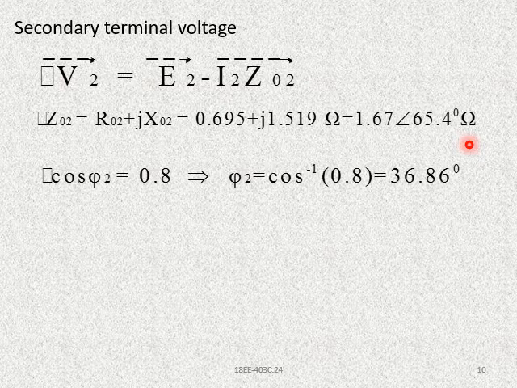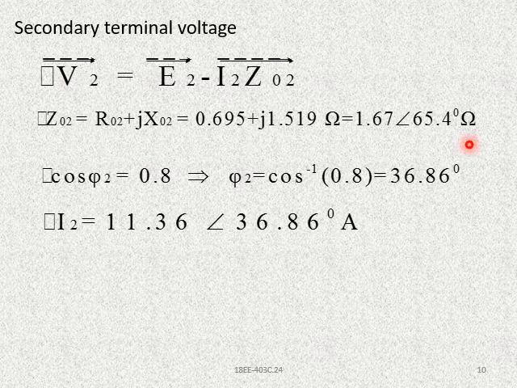And cos phi 2 is equal to 0.8. From that, phi 2 is equal to cos inverse of 0.8, which is 36.86 degrees. Whereas I2 is equal to 11.36 at an angle of minus 36.86 degrees, measured in amps.